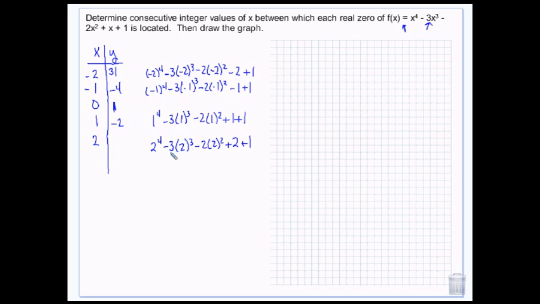Then 16 minus 24, which would be negative 8, minus 8, which would be negative 16, plus 2, which would be negative 14, plus 1, so negative 13. So right now I'm still going negative, so I have to find that positive again because I know that both my ends need to point up. So I have to keep going positive.